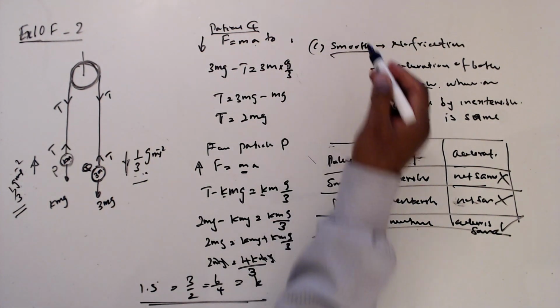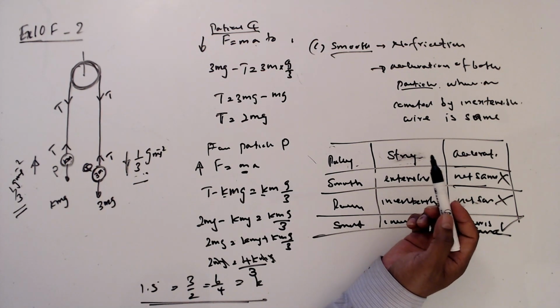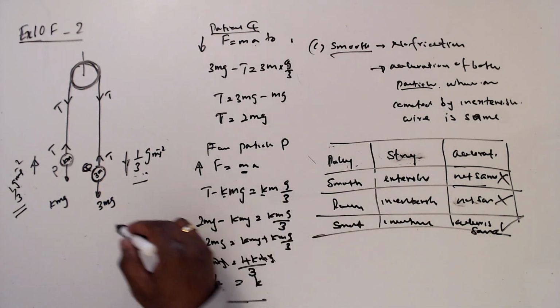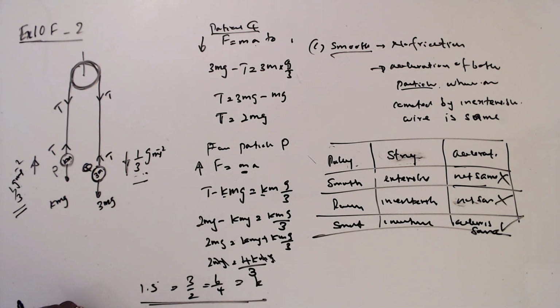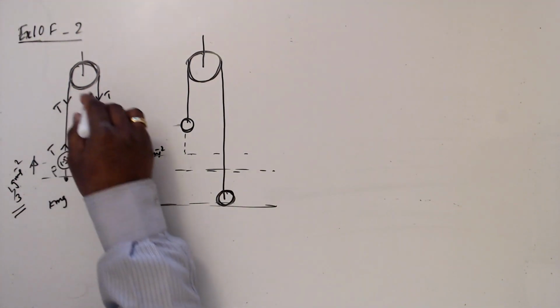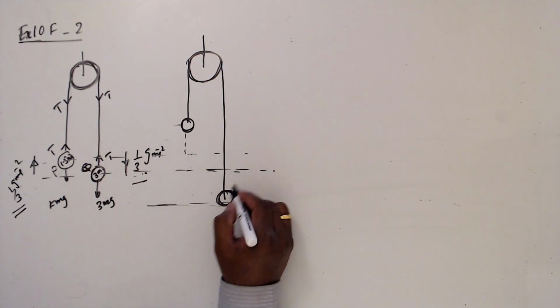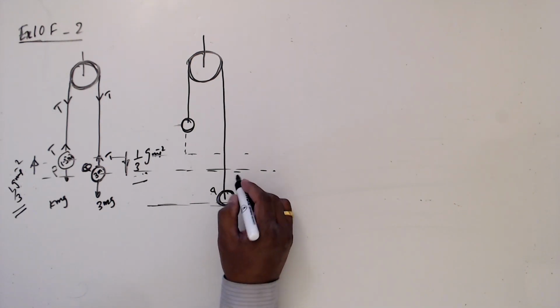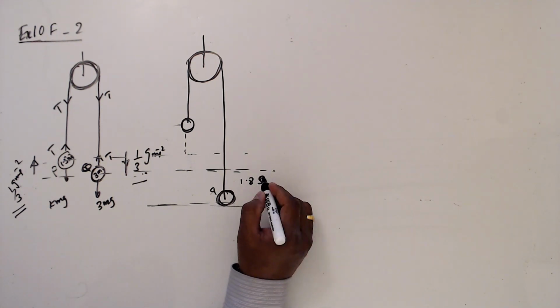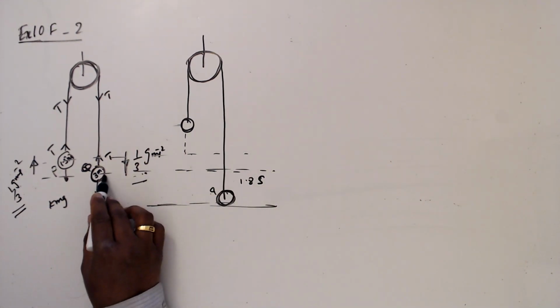So what is smooth? In other words, it is one of the requirements for the acceleration of the two particles to be the same. Now in the next part, as usual, this will come and hit the ground, and it will travel for 1.8 seconds, not a distance in meters, from here to here.